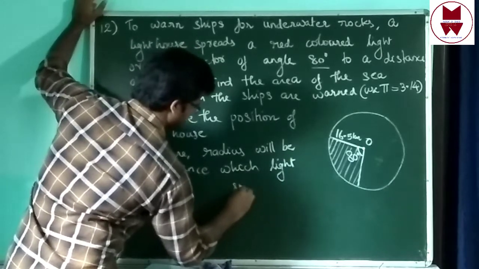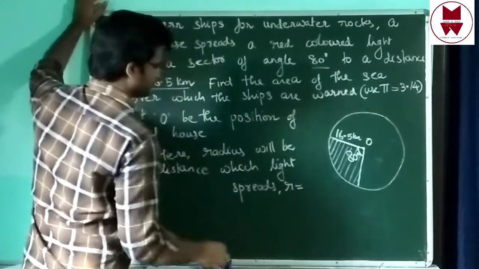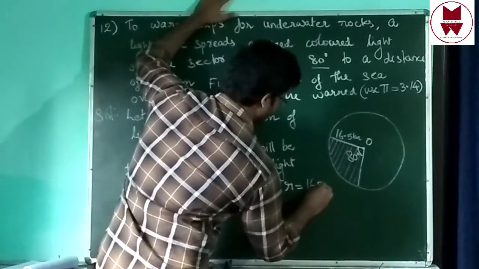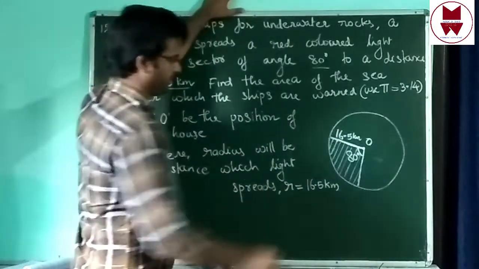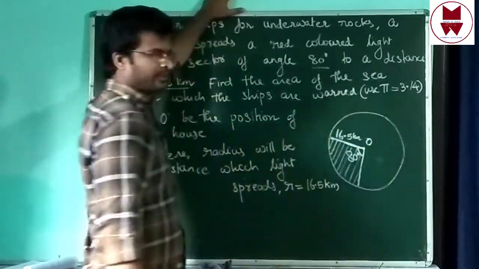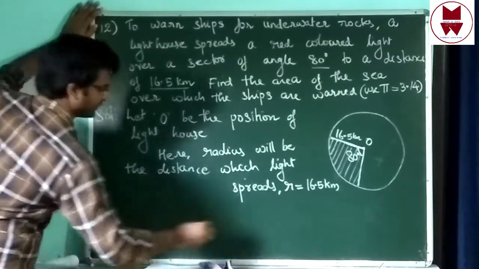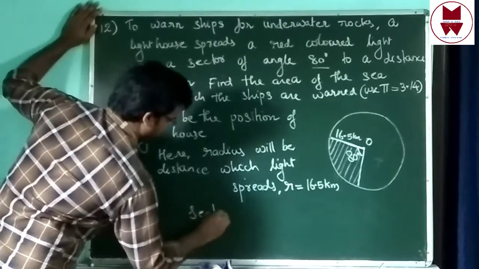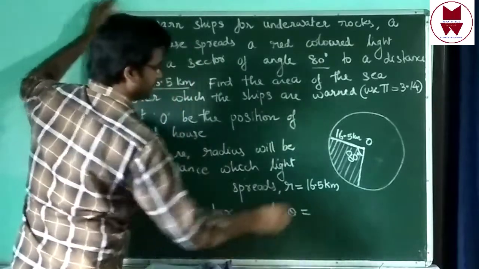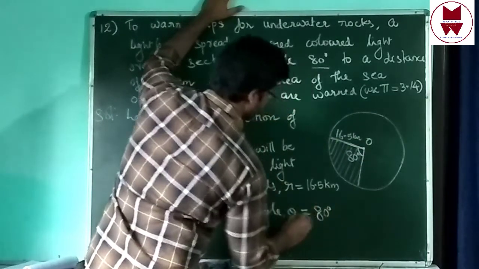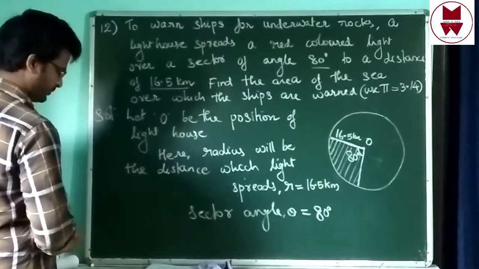It will be r equal to 16.5 kilometer. This is our radius. This much distance only light will spread. Then O up to here, that will be radius. Sector angle already given, theta equal to 80 degree. And we have to find out area of this sector.